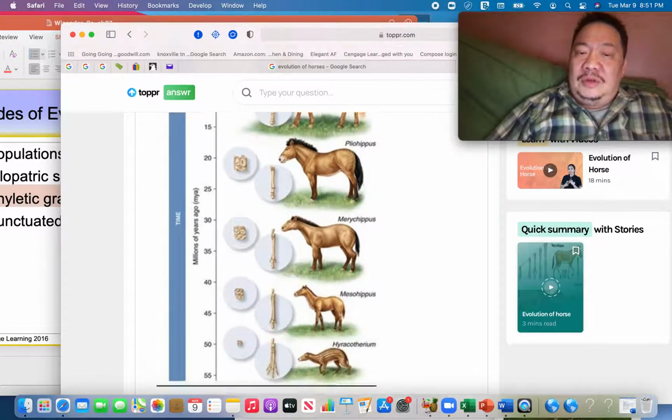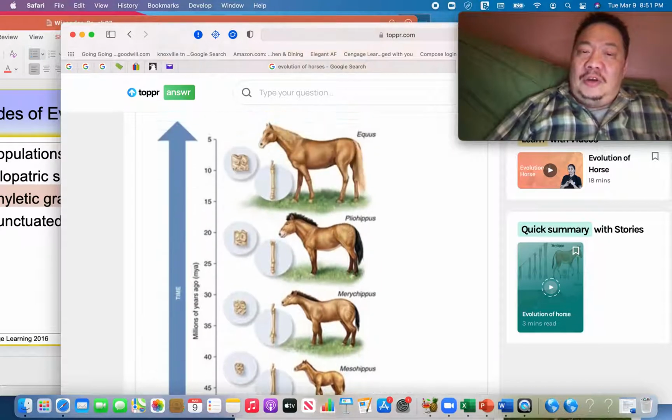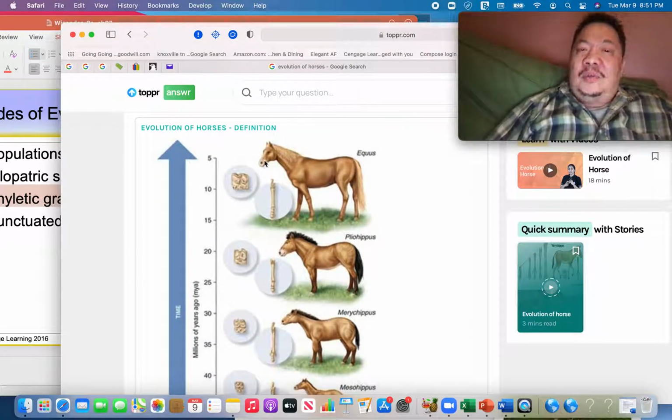Why did they get larger and larger brains? Well, again, Darwin's theory is the same. There must be an advantage to having a larger brain. What would the advantage be for the horse? Well, maybe if you were more intelligent, you could figure out ways of escaping from predators more easily.